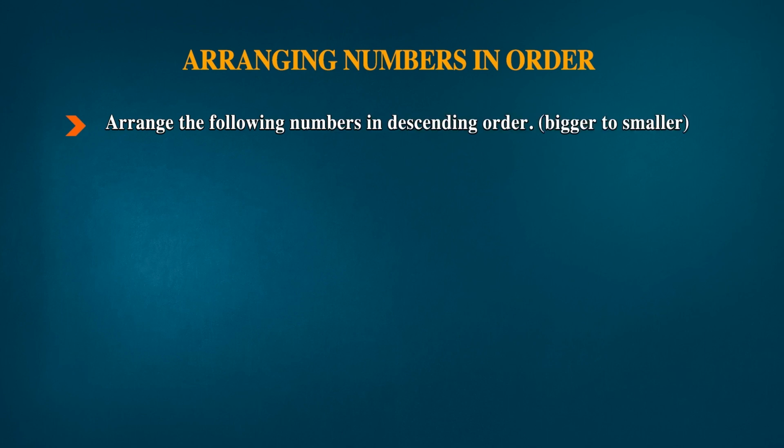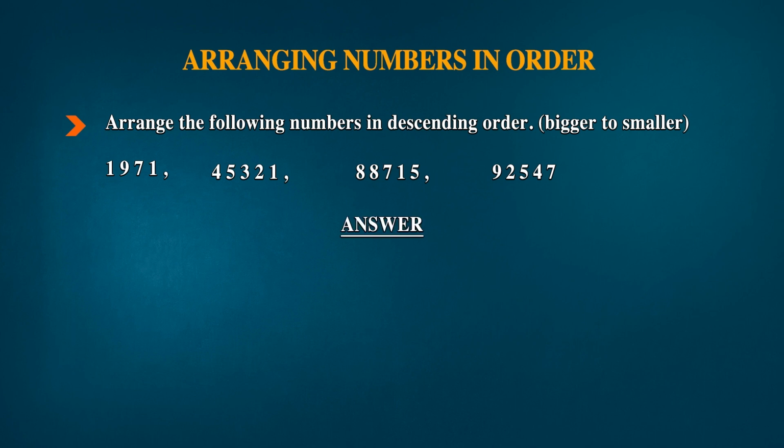Arrange the following numbers in descending order. Descending means bigger to smaller. Numbers are 1971, 45321, 88715 and 92547. Now, we will compare the given numbers. Clearly, 1971 is a 4-digit number and other numbers are 5-digit numbers.